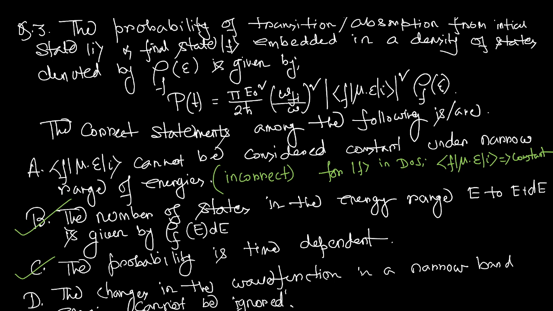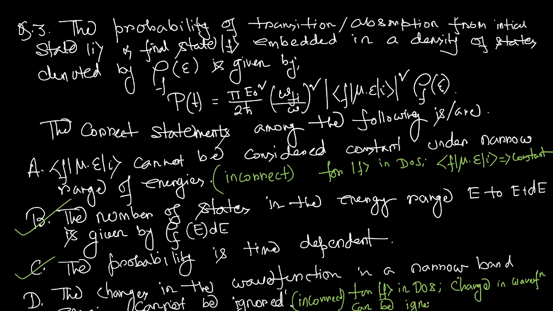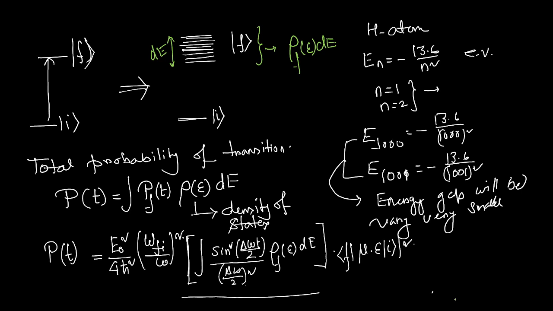So the change in wave function can be ignored. So this is incorrect. So for F in DOS, the change in wave function can be ignored. Now moving to question number 4.